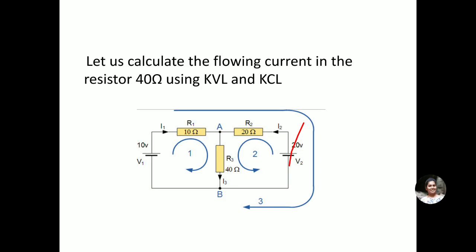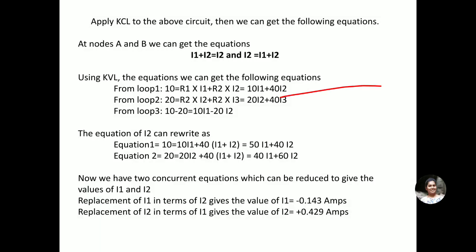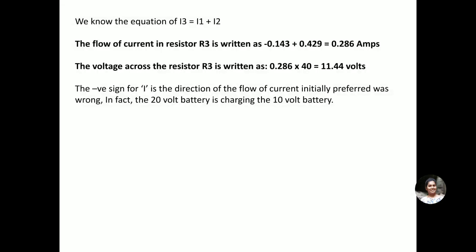In the starting of the problem I told you that the sum of incoming currents is equal to the sum of outgoing currents. I3 will be equal to I1 plus I2. As we have calculated the value of I1 and I2, we can simply calculate the value of I3 with these values.